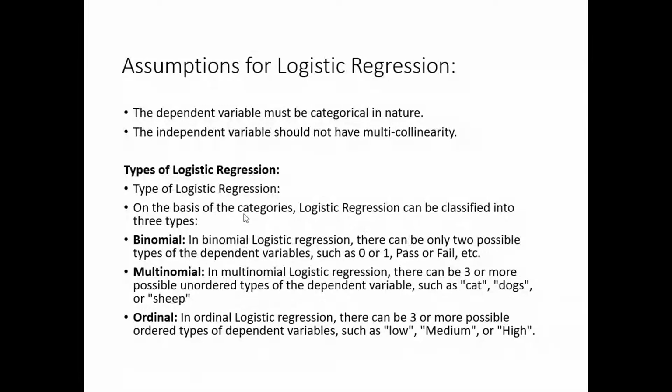How about in multinomial? In multinomial logistic regression, there can be 3 or more possible unordered types of dependent variable. What does it mean? Three possible things are there. For example, we have a dependent variable such as cat, dog, and sheep. From only 3 categorical things, you have to pick one of them.